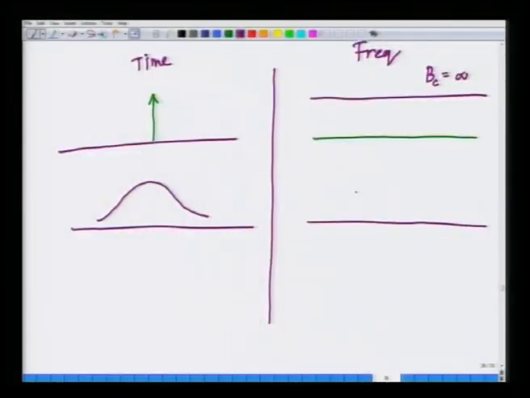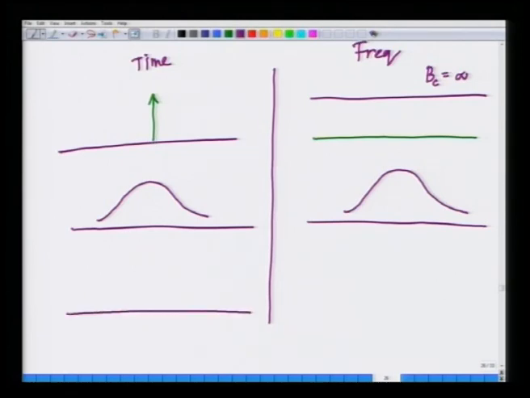As the time response starts to expand, the frequency response starts to shrink. That will be something like this. So, as the time response increases, the coherence bandwidth decreases.